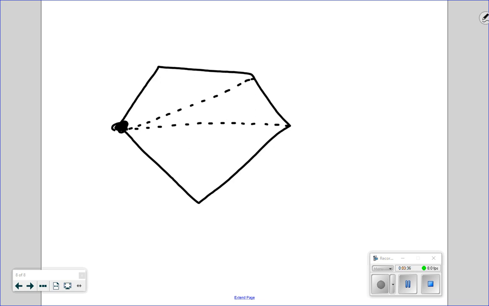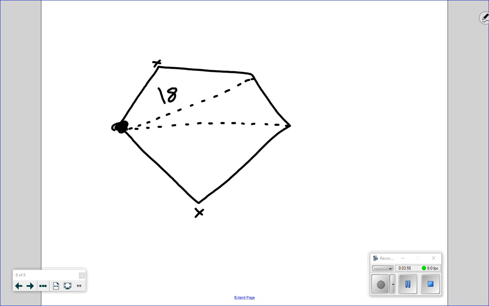So basically, I can connect it to two other vertices. I can't connect it to this one or this one because that would just be one of the sides of the pentagon. I want to create sections. I want to create triangles. And what happens when I do that is I create 3 triangles.